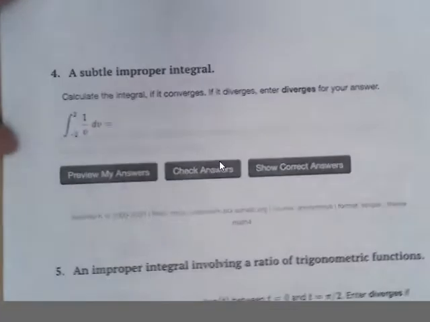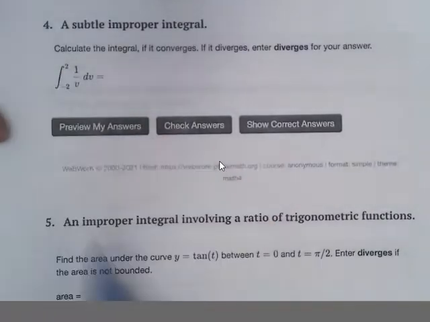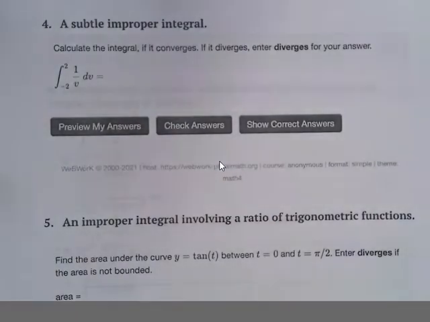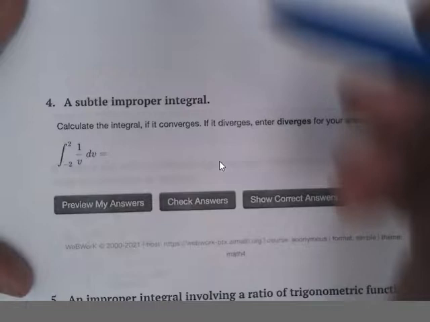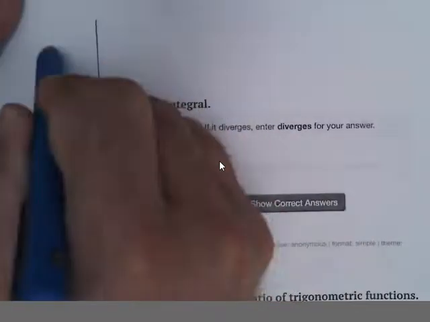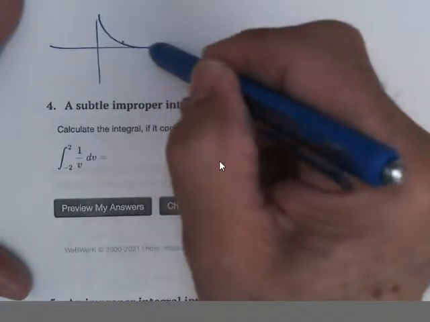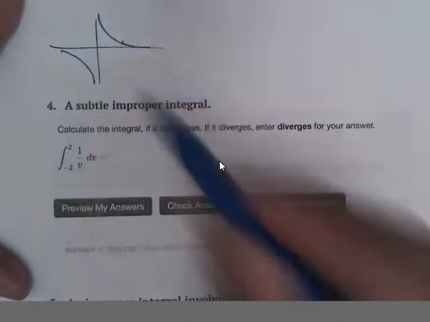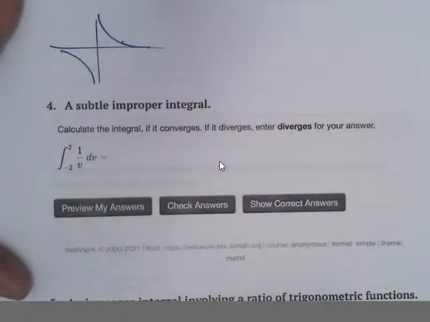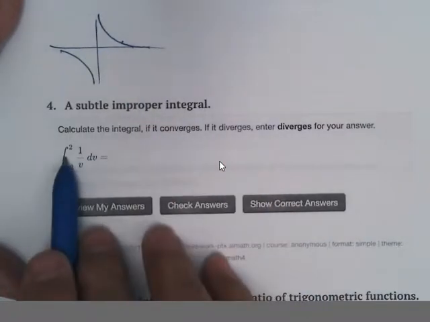Number 4. Now this one, at first glance, doesn't look like there's any problem. But we have to remember what 1 over x or 1 over v looks like. It looks something like this and like this. So there's an issue right in the middle of this interval.